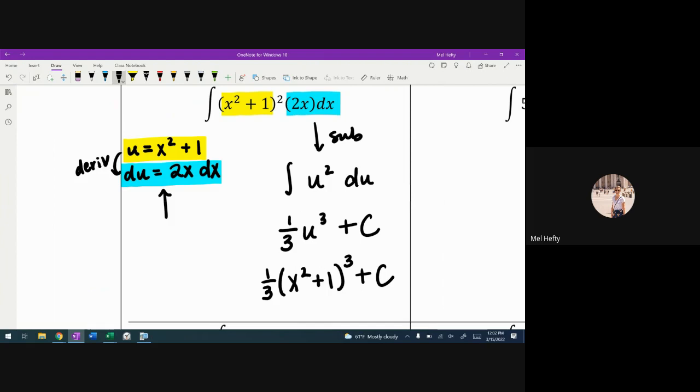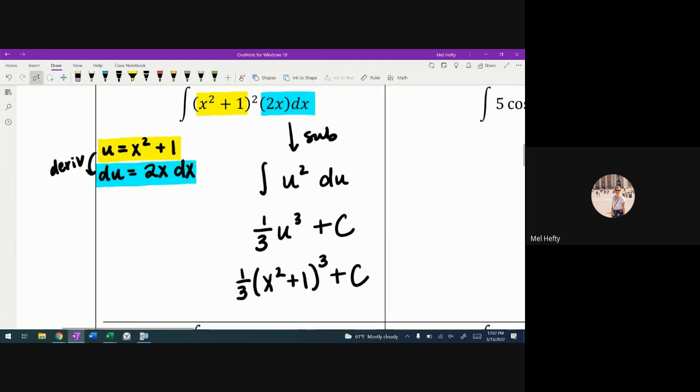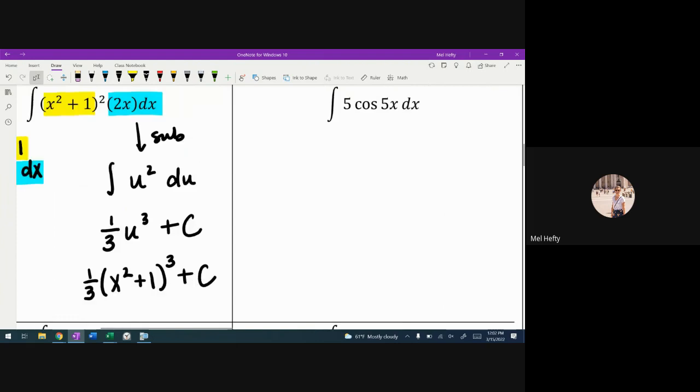It might be just x dx sitting there. It might be 17x dx sitting there. Now, not all of those what ifs will be answered because some of them are not things we can do with u-substitution, but we're going to get progressively a little bit harder.